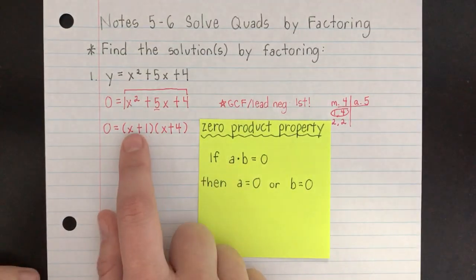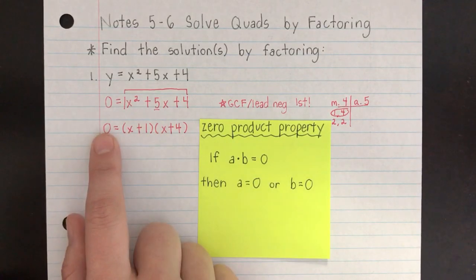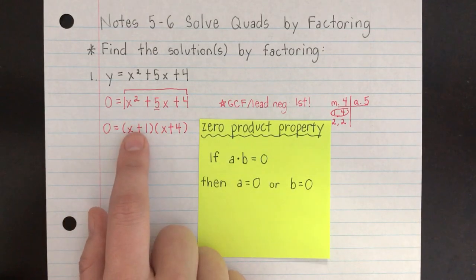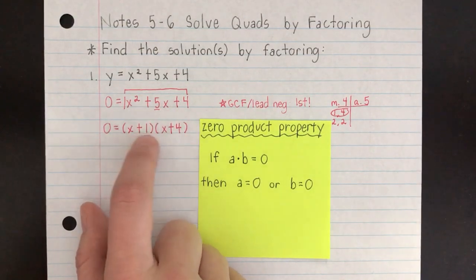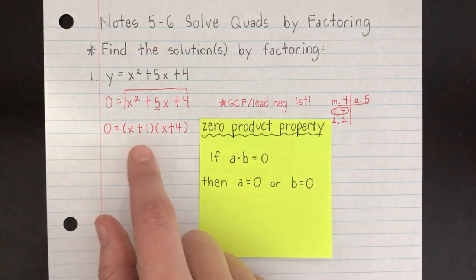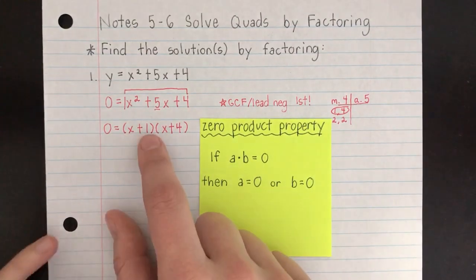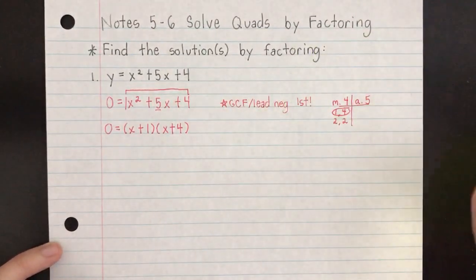In this case, we have two factors multiplied by each other to equal 0. Either of these factors equaling 0 would make this whole thing multiply to 0, because 0 times 100 is 0, 0 times negative 5 is 0, 0 times anything is 0. So we're going to use this zero product property to help us solve.